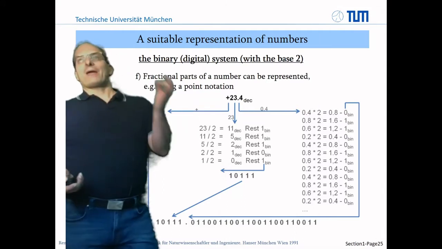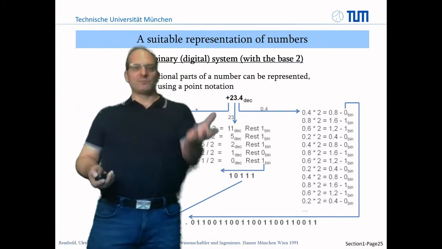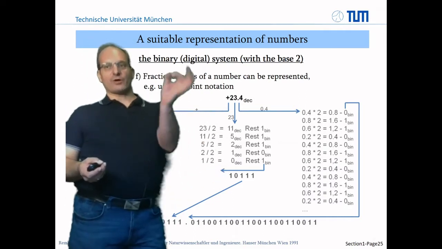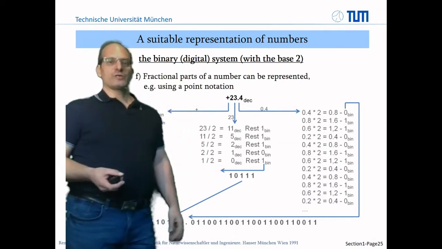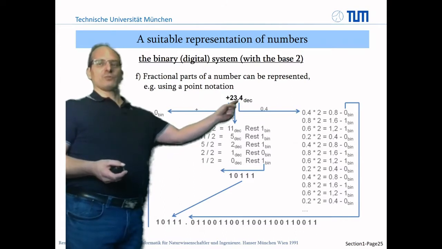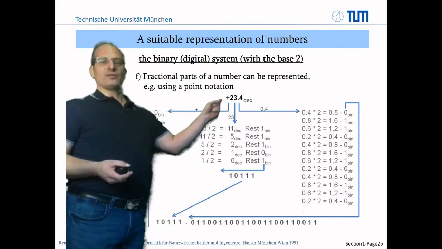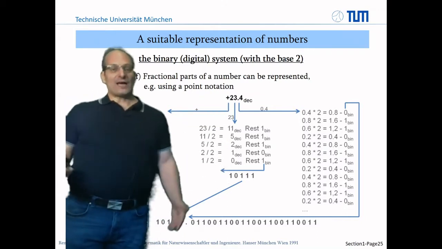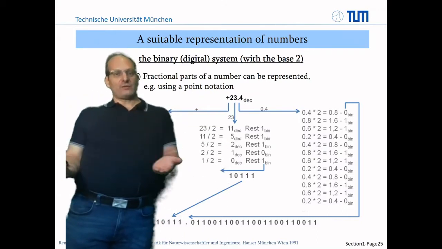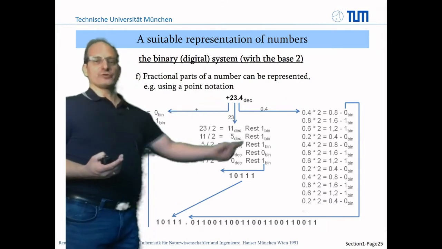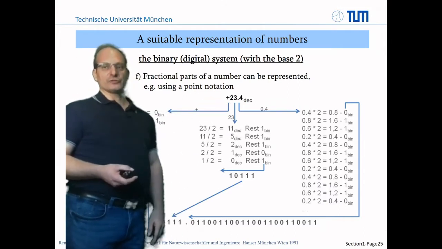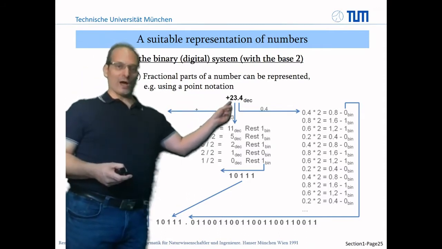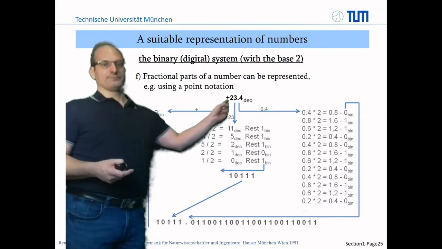If you go back to the decimal system, we also had fractional numbers, so fractions, parts of a number, which were represented, for example, with a dot. So 23.4. Now we need a technique or a method to also represent these numbers in our binary system. First of all, we already know we spend 1 bit for the sign.